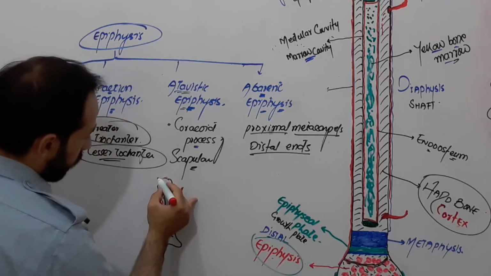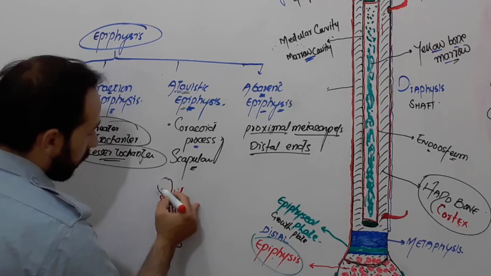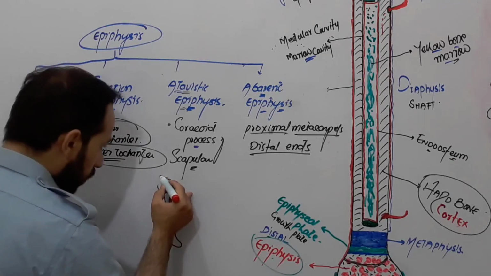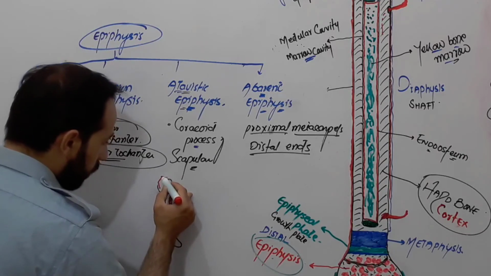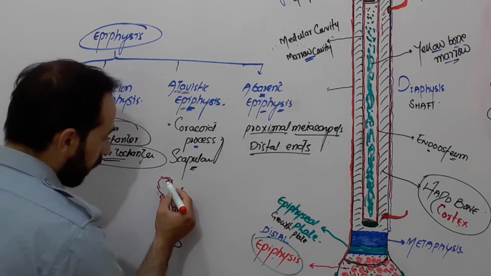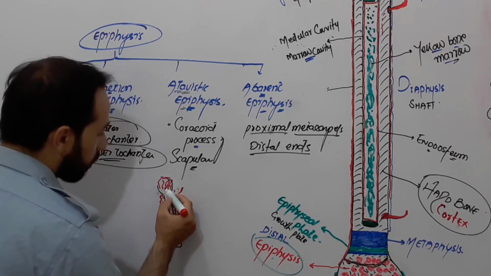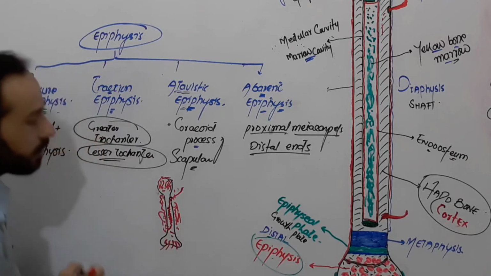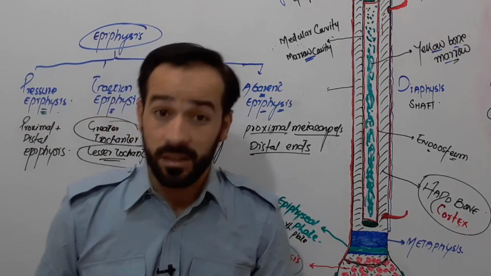For example, if there are certain ligaments and certain muscles present, the branches of the arteries which come to the muscles, tendons and ligaments enter the epiphysis and supply blood to it. So they are also called the epiphyseal arteries.